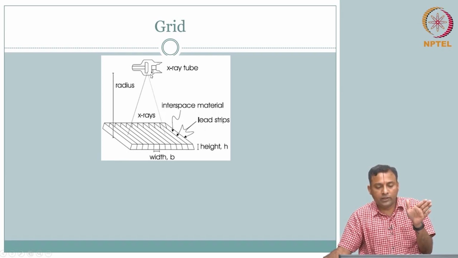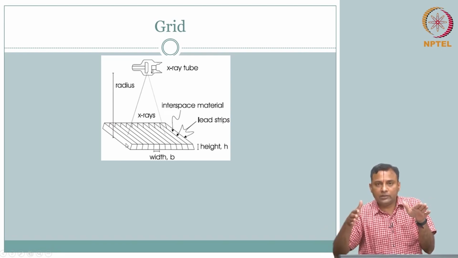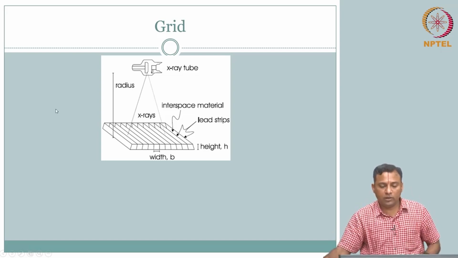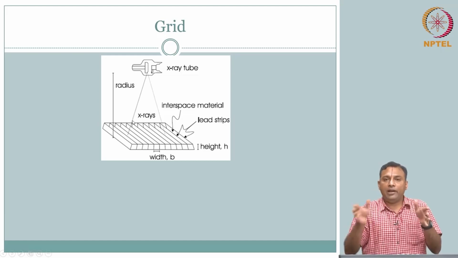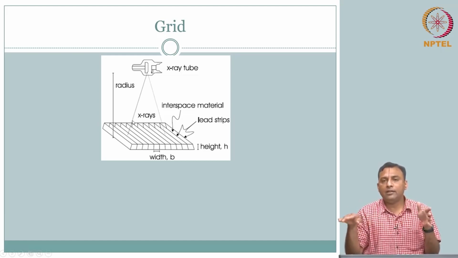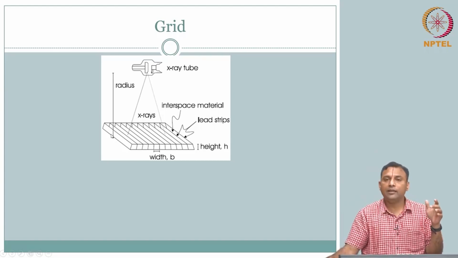So it is focused, what they call a focused grid. Because the X-ray is coming from a diverging source, there is a tilt so that all the slits are focused. So what will happen? You have lead, and in between the lead you have a transparent material. If it is not hitting the lead, it will go through.